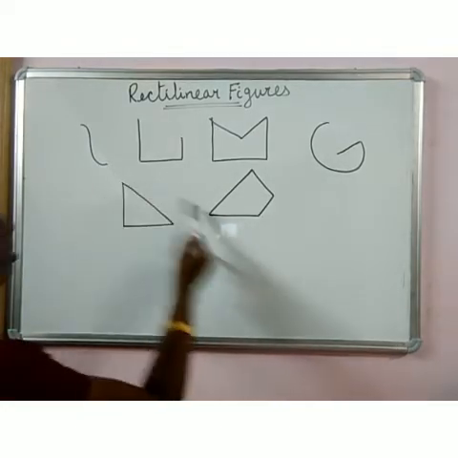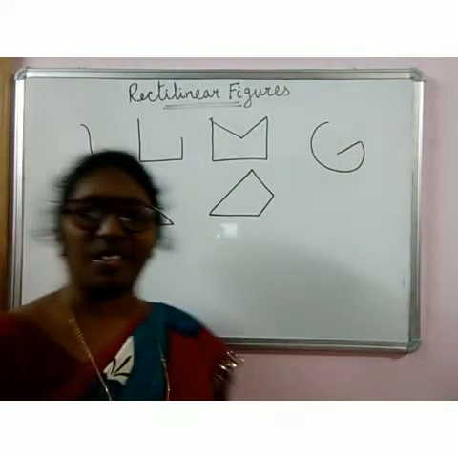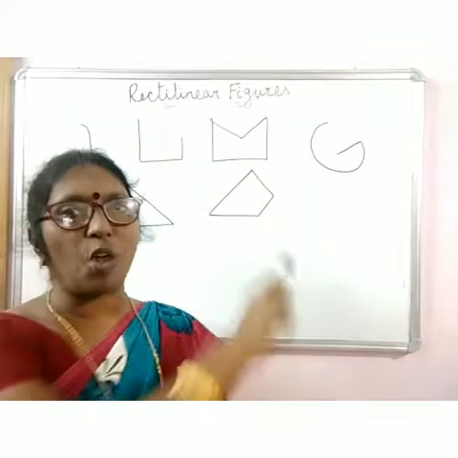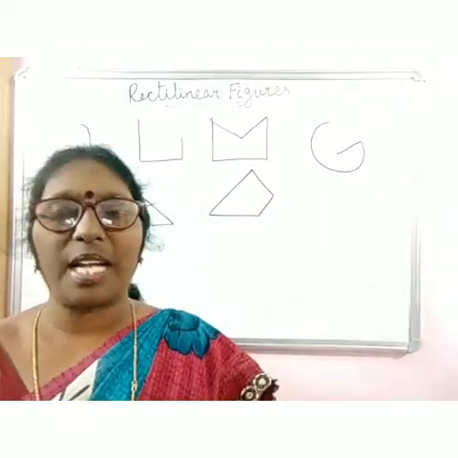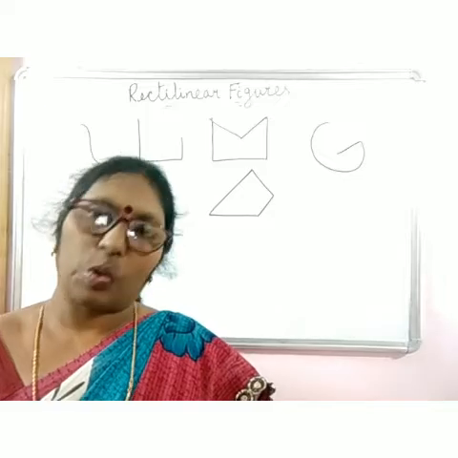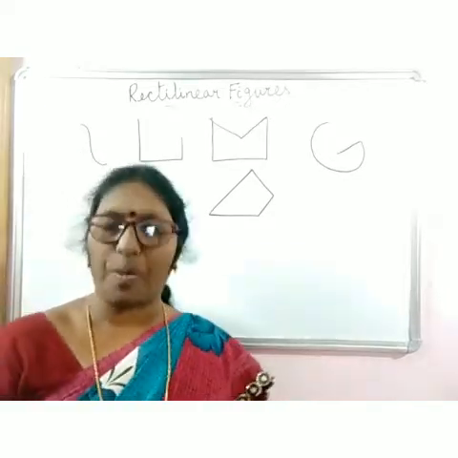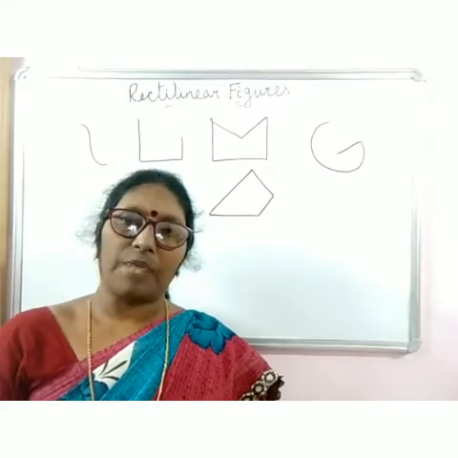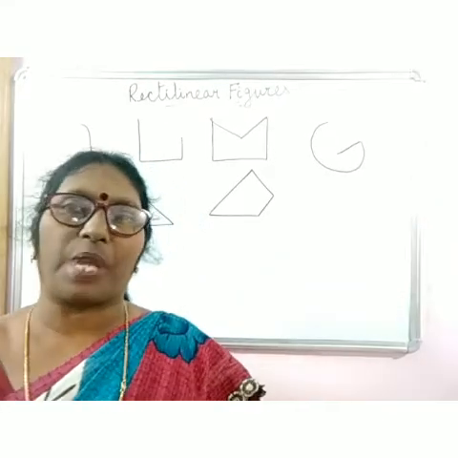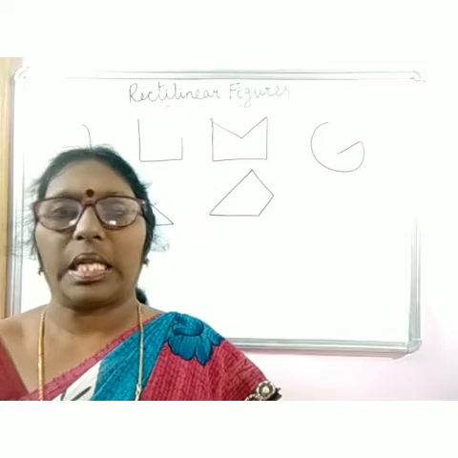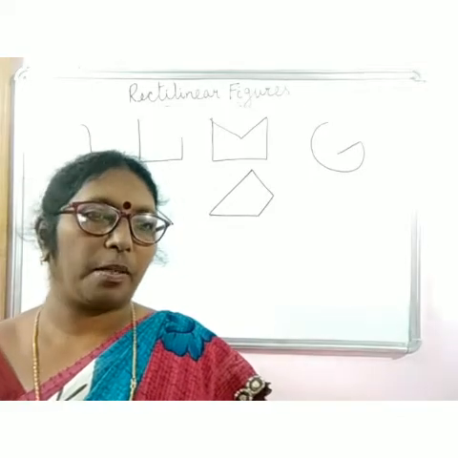This is closed and this is also closed. So these all are plane figures. Some are closed, some are open figures. If the starting point and ending point of the figure is the same, it is said to be a closed figure.